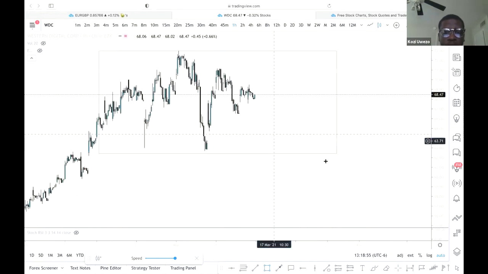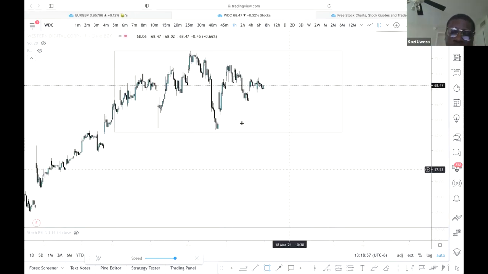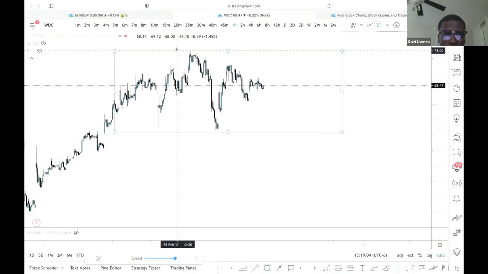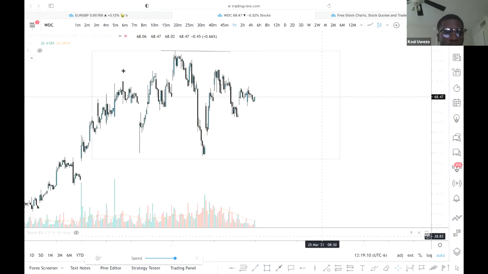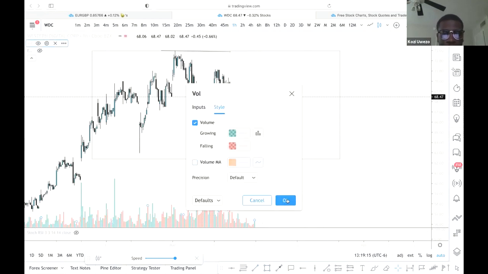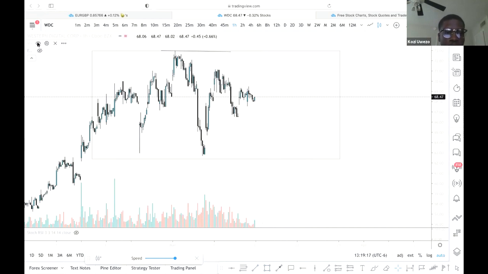But basically, in this case, this is how we would use market structure, right? So we have a high that was made and everything. Let me turn on volume. I wanted to show you about volume too, how I use volume. Not like this. I don't use that.